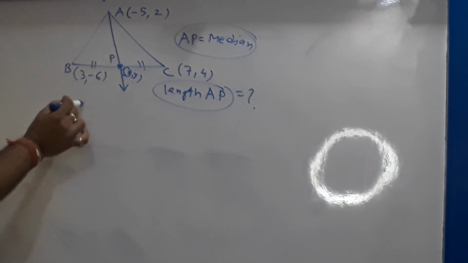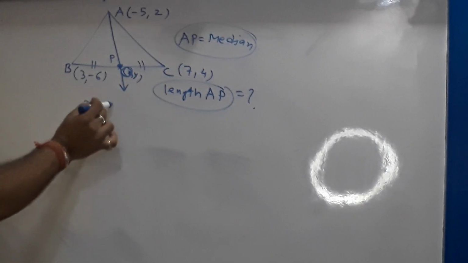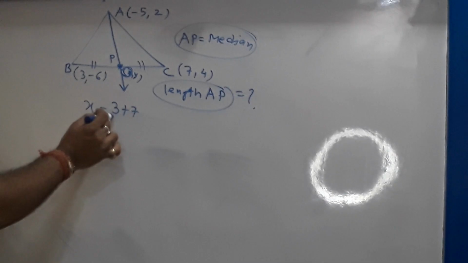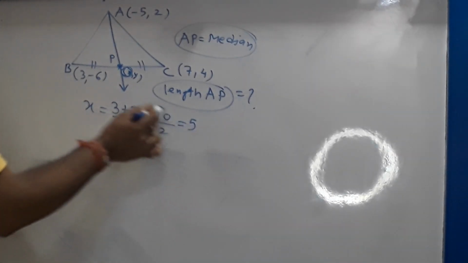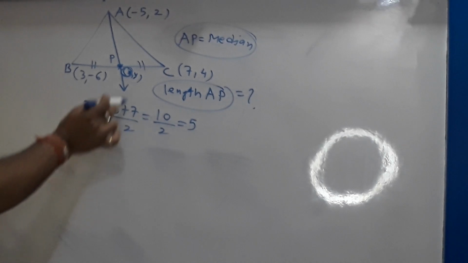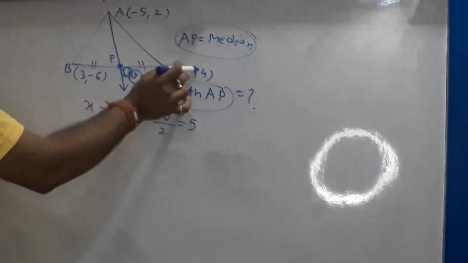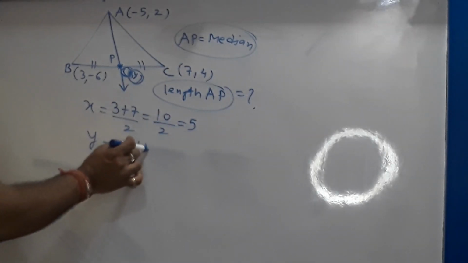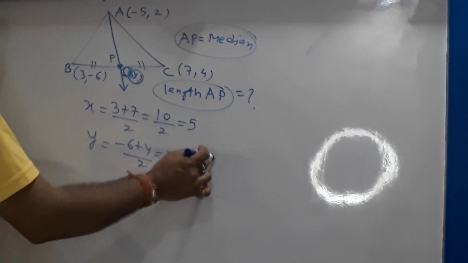So first coordinate x is equal to x1 plus x2, 3 plus 7 divided by 2, 10 divided by 2, that is 5, x is 5. Then y means second coordinate of P. Second coordinate of this plus second coordinate of this, minus 6 plus 4 upon 2, that is minus 2 by 2, minus 1.